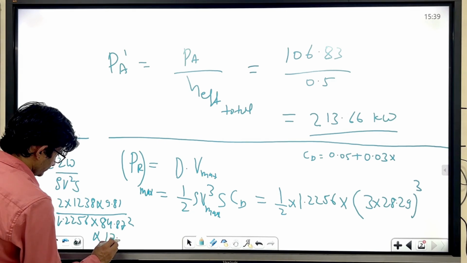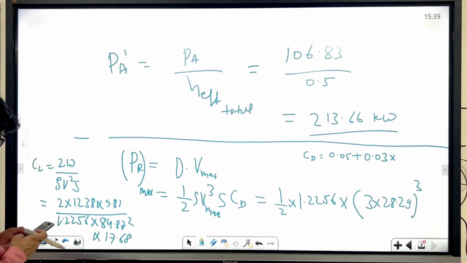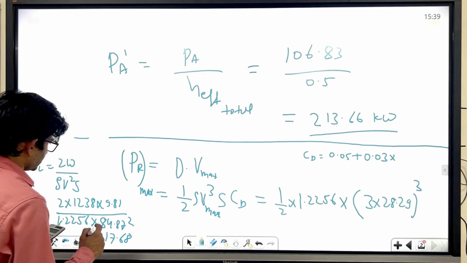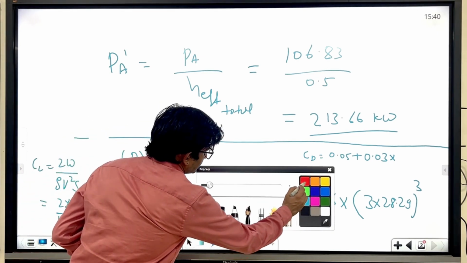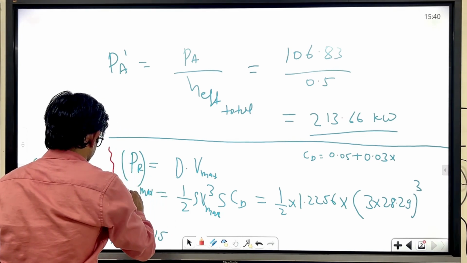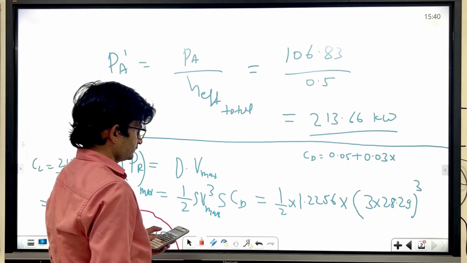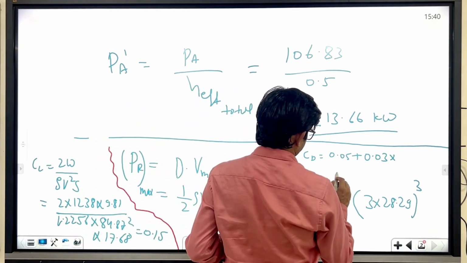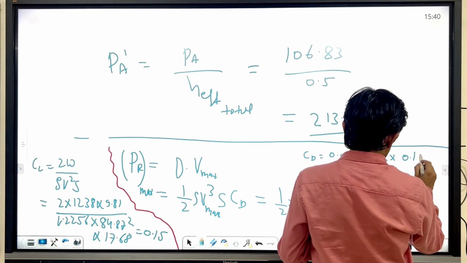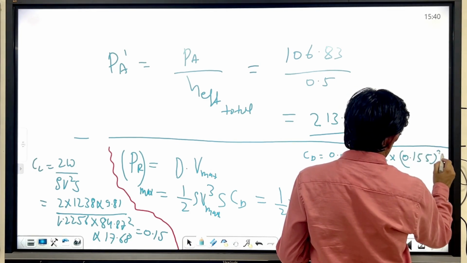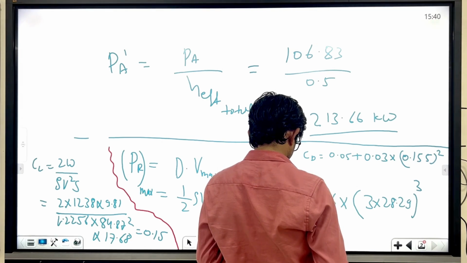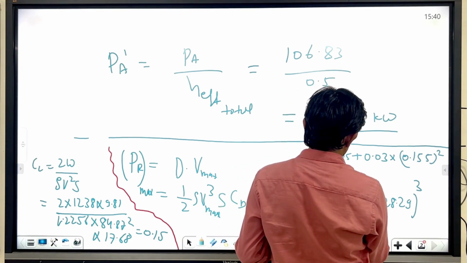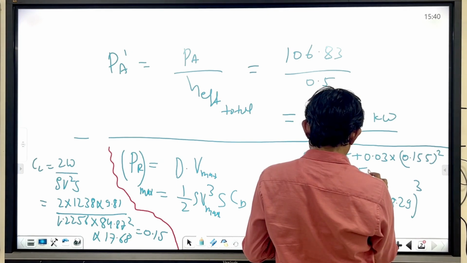CL value is coming around 0.15. CD is 0.0507.